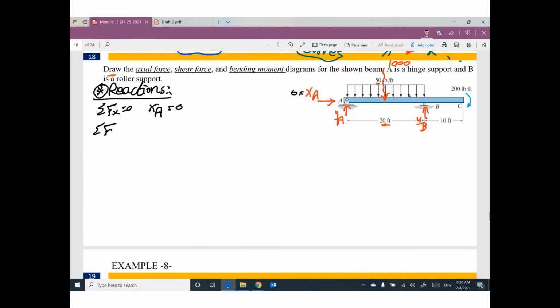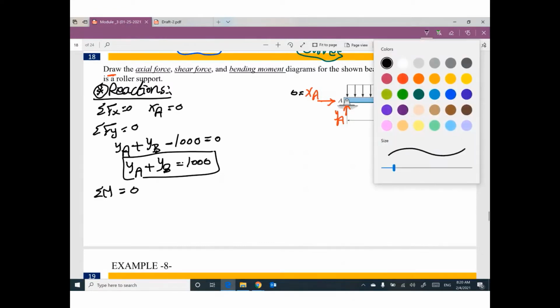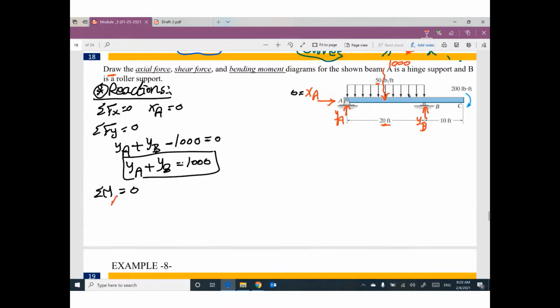Summation Fy equals 0: YA plus YB minus 1,000 equals 0, so YA plus YB equals 1,000. For the third equilibrium equation, I'm going to take moment at any point equals 0. I highly recommend taking moment at A. I'm going to assume this direction is positive.